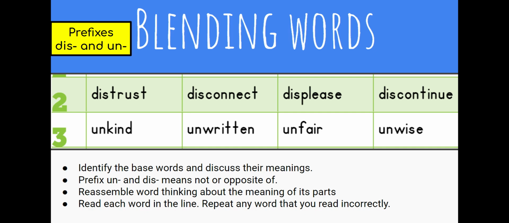Awesome. How did you do? Let's move on to line 3. Here we go together. 1, 2, ready, read. Unkind, unwritten, unfair, unwise. Great job, Kipsters. You've done such a wonderful job reading words with prefixes all week long.